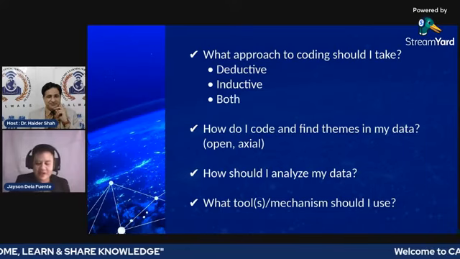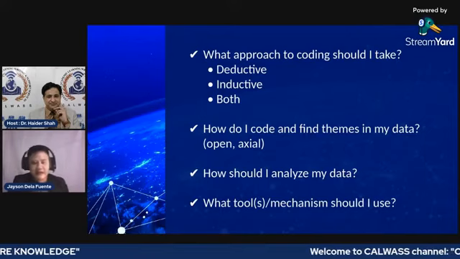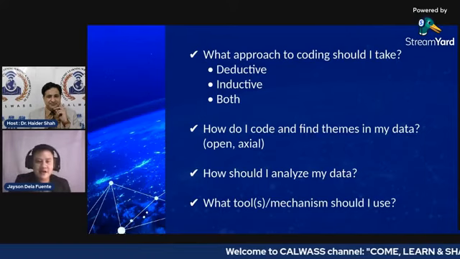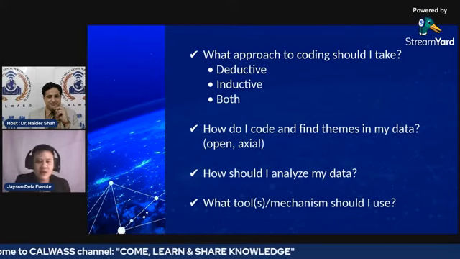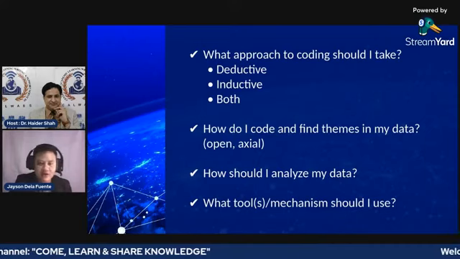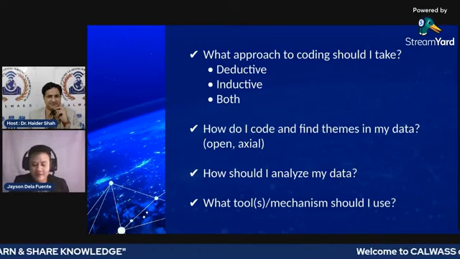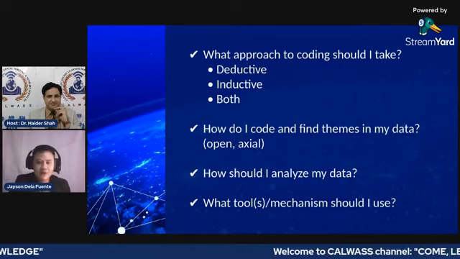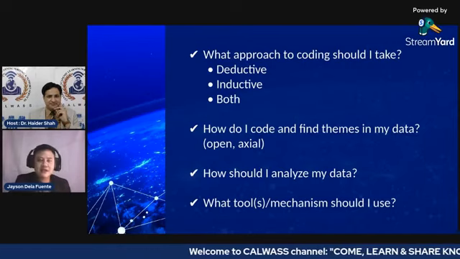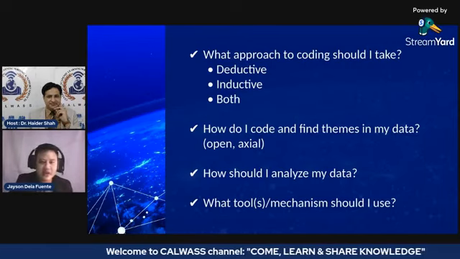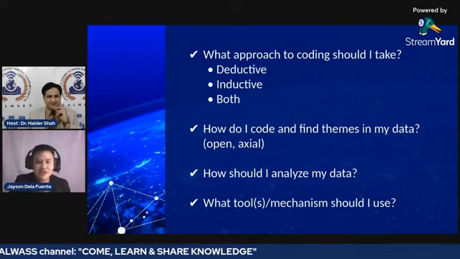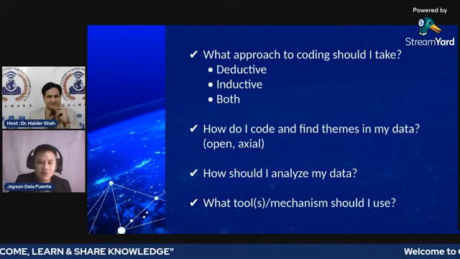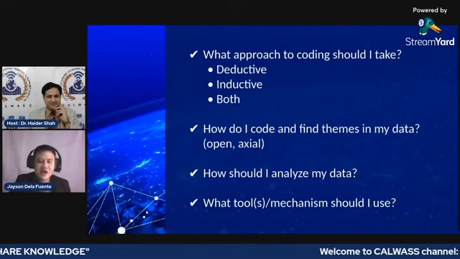Is it axial in terms of its relevance to what you are trying to explore? Is it open in terms of the connection or relationship of such gathered data to your study?